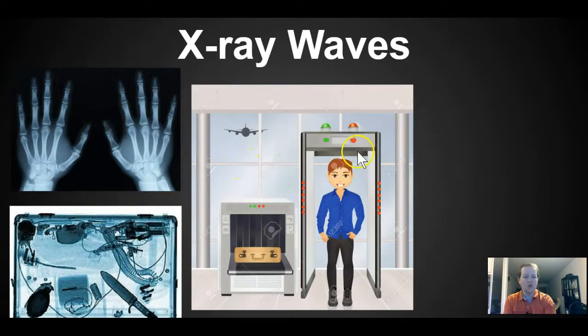Also, if you go to the airport or a place with a lot of security, when they look inside your luggage, they can use X-rays. This is not an X-ray, but this right here uses X-rays to see what's inside. Like in the doctor's office, they use X-rays to see your bones.